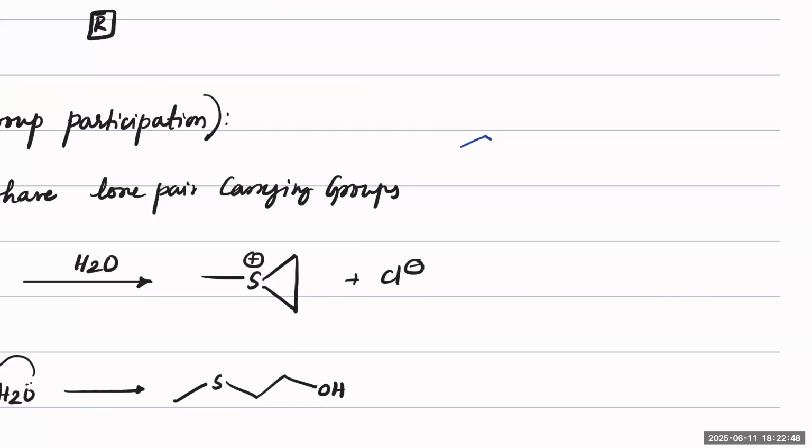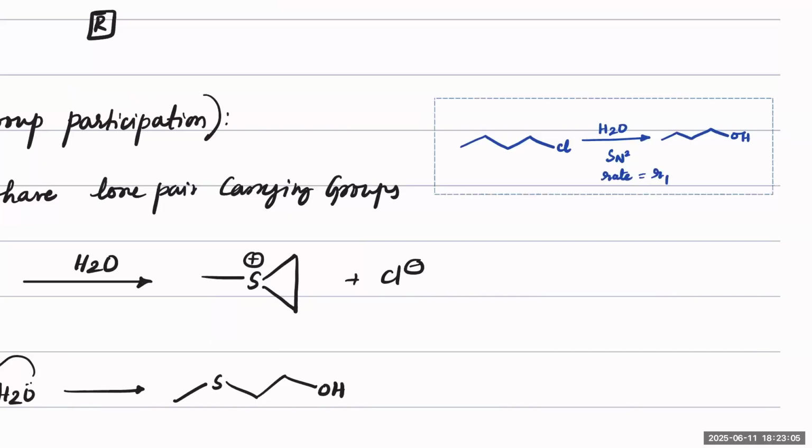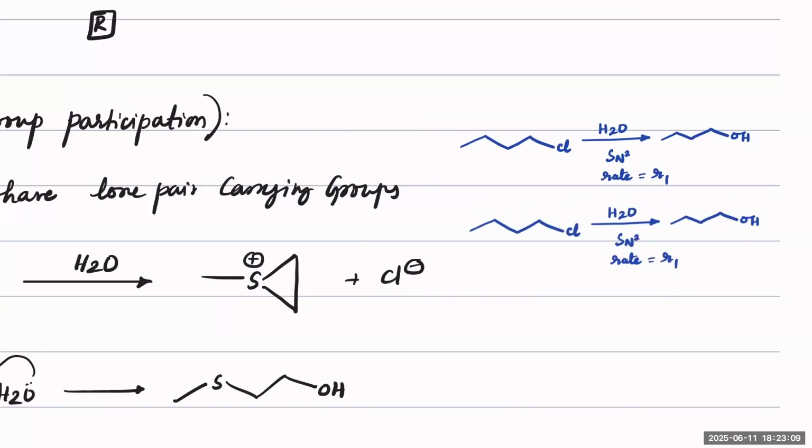Suppose I have a chloride here, beta. I'm treating this with water. It is going via SN2 mechanism to get OH here. Let's say the rate of the reaction is R1. If the same reaction is being done, but this time at this position, I have a sulfur also present like this.